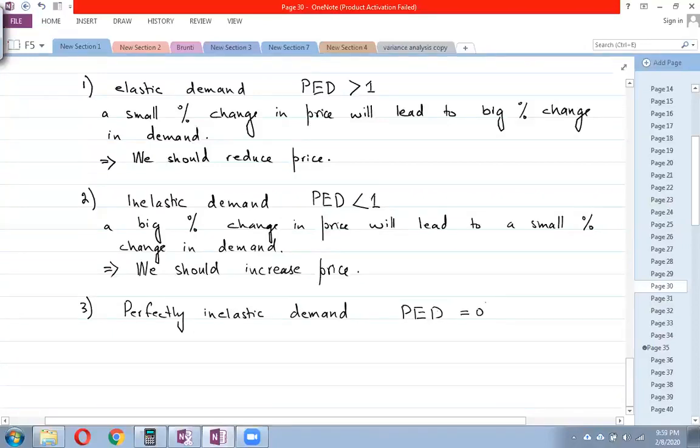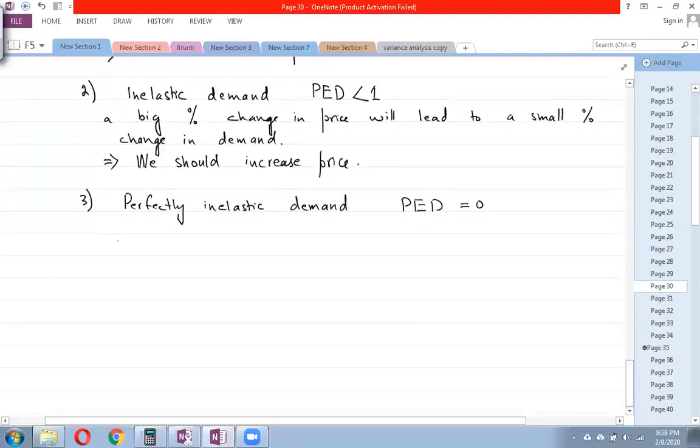I mean, no effect, or we can say percentage change in price will not affect demand. It's perfectly inelastic, and we said anything that will not be affected at all.